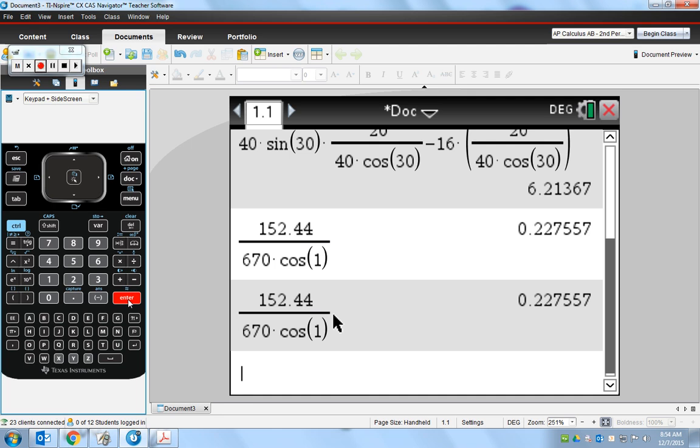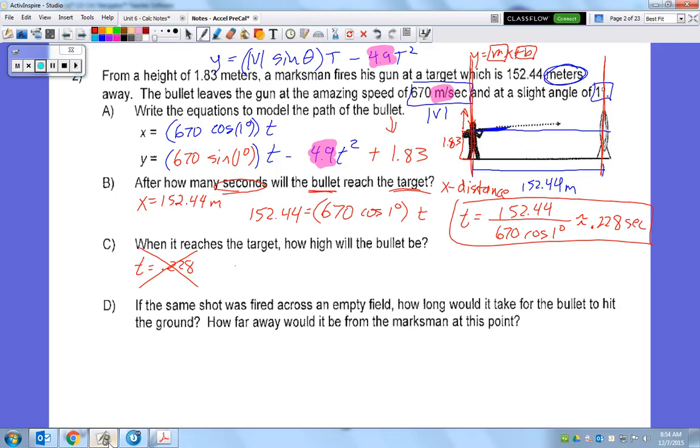I can use 0.227557. If you don't want to grab the exact value in the calculator all the time, you can write down 6 decimals, a minimum of 6, so that at the very end, your rounded 3-decimal answer is as accurate as possible.